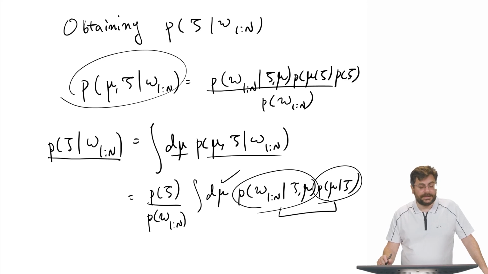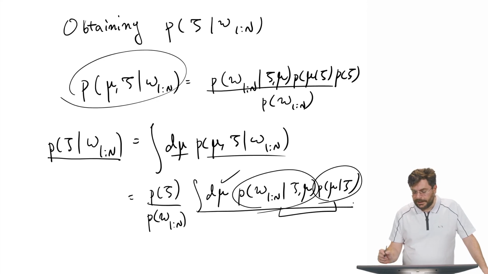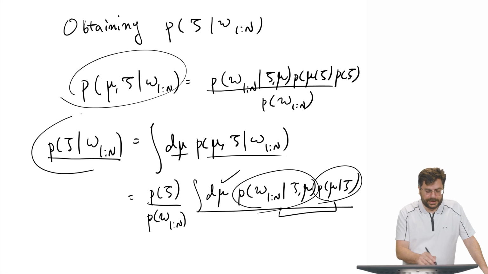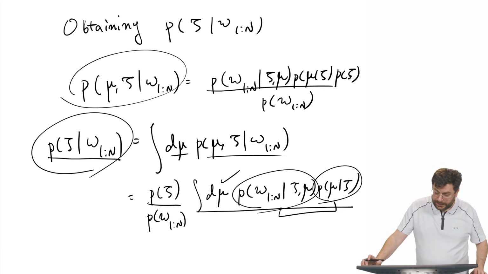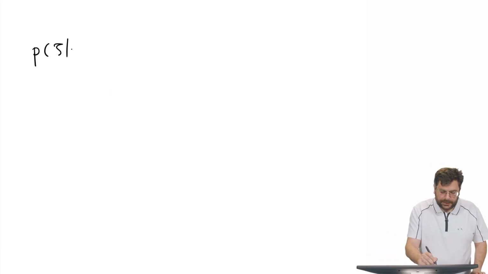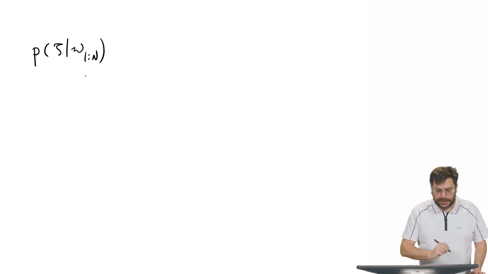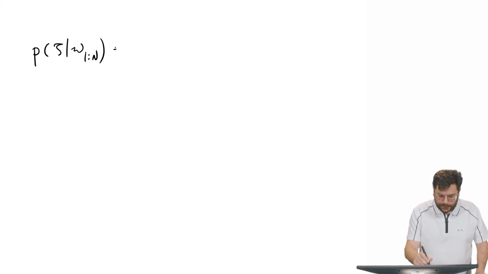So in some sense, I'm done. I'm one Gaussian integral away from obtaining p of tau. And if I were to do the math correctly, then I find that p of tau given w1 to n is going to be a gamma distribution.